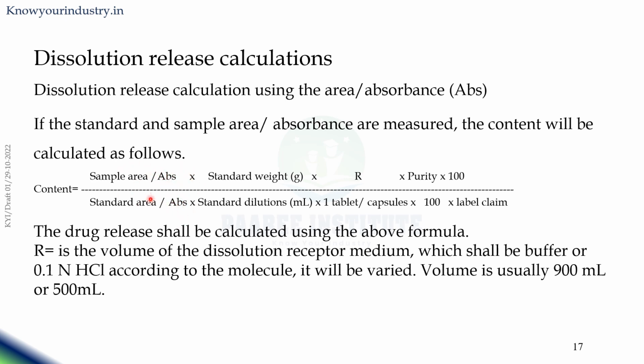Either of one will be used for the calculation, and you will have the similar kind of formula to calculate the dissolution or the release of the drug at particular time point in the release media. So this will be one of the applications in the evaluation of the pharmaceutical dosage form when you manufacture or when you develop it.